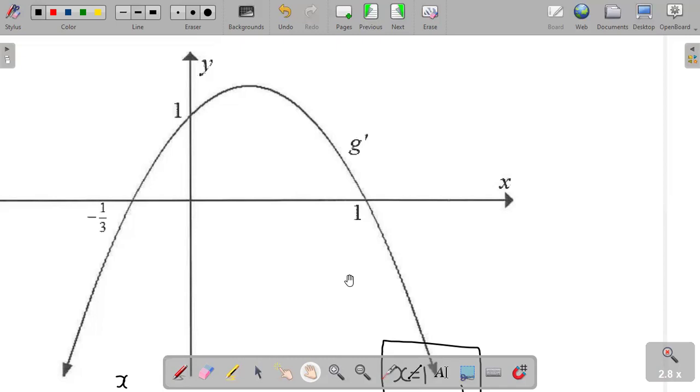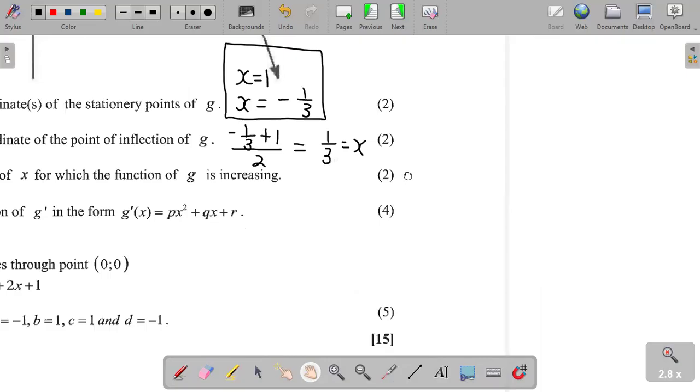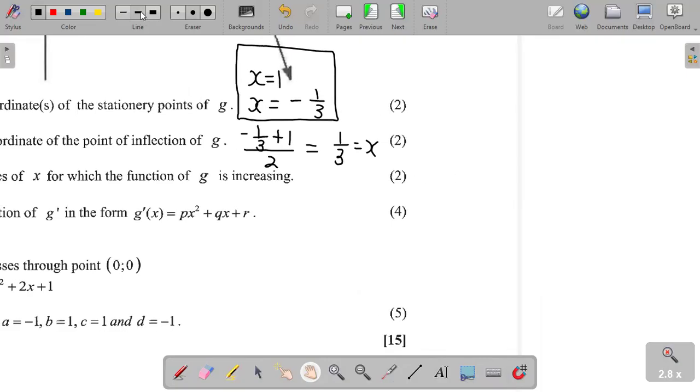Okay, so from negative 1 over 3 until 1. So here the answer is negative 1 over 3 less than x, and then less than 1. That's what it is.